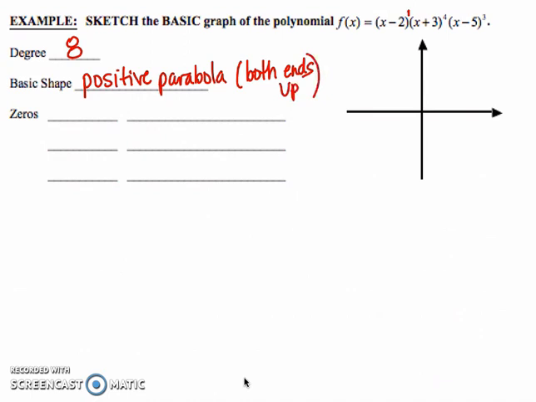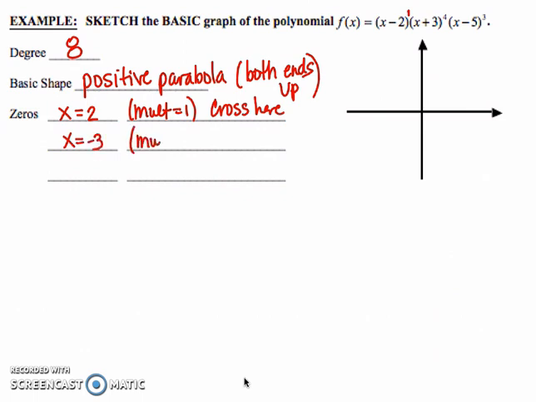We have 3 different zeros. The first 0 comes from the first factor. It is x equals 2, and it has a multiplicity of 1, which means that the graph will cross here. Our second 0 is going to be at x equals negative 3.